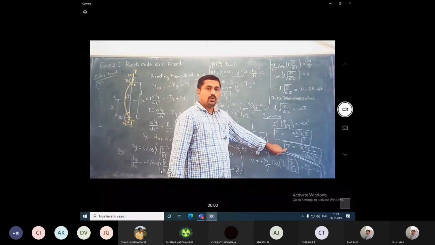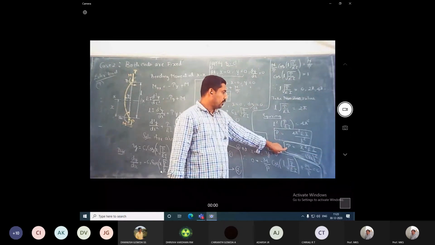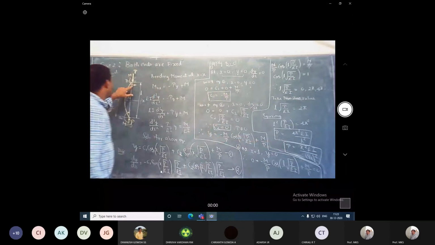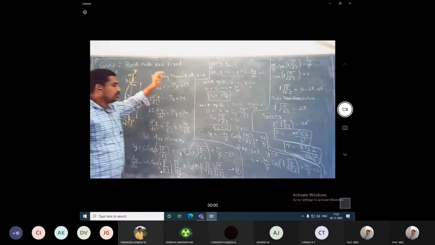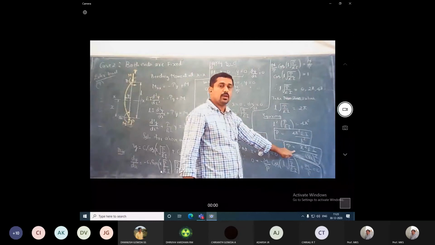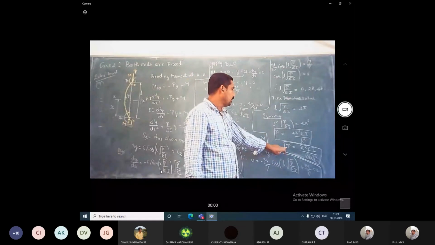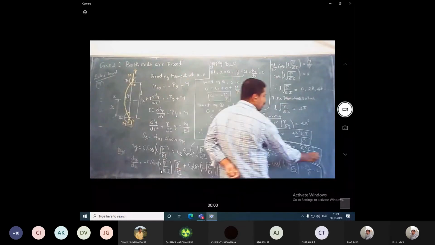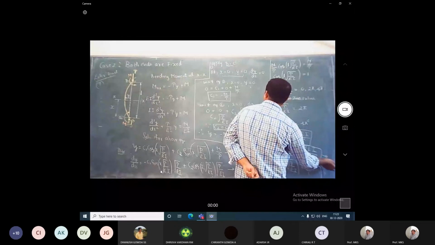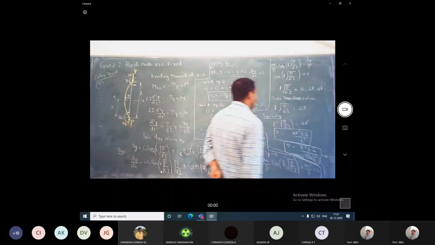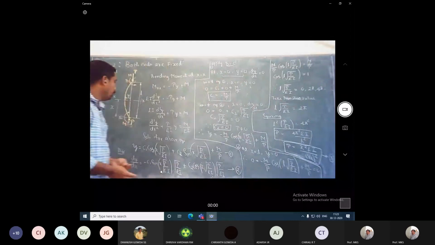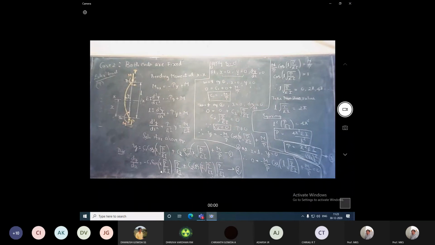This is the expression for Euler load for a column which is fixed at both the ends, or we call it the buckling load, P. So you need to remember this equation. Let us call this final equation 3. So 3 is the equation for Euler load for a column which is fixed at both the ends.